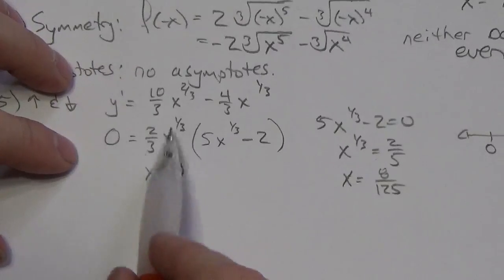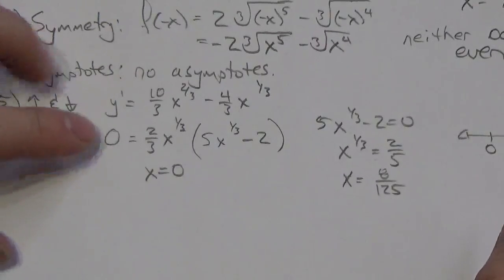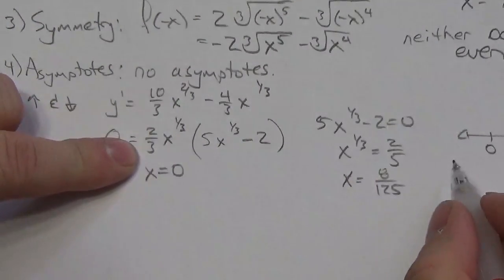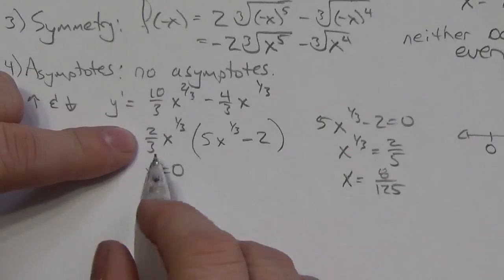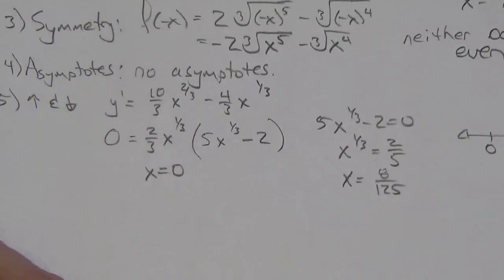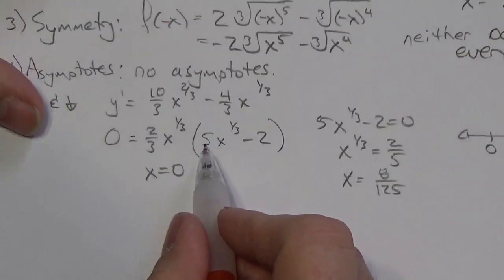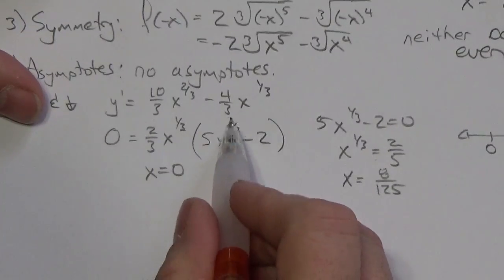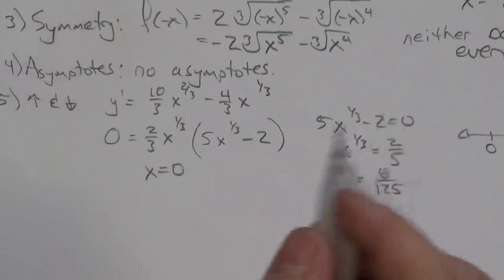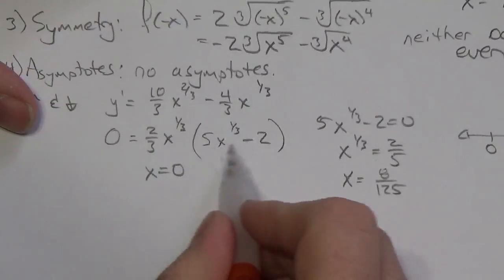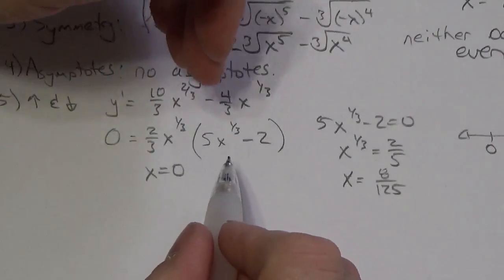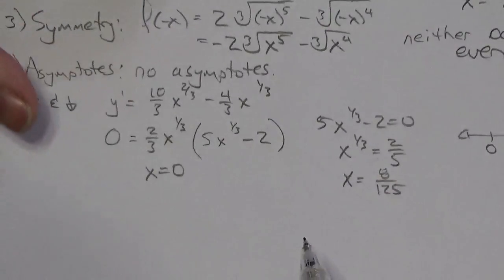If you plug in a positive value, you're going to get a positive value. So essentially, this factor right here is going to be negative to the left of 0, positive to the right of 0. 5 times x to the 1/3 minus 2 is going to be negative to the left of 0, and positive to the right of 0.